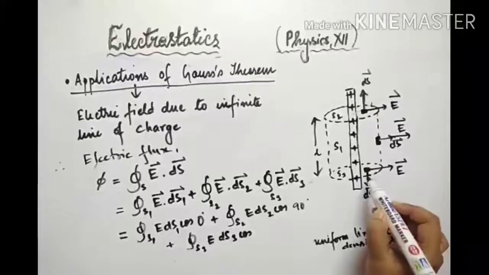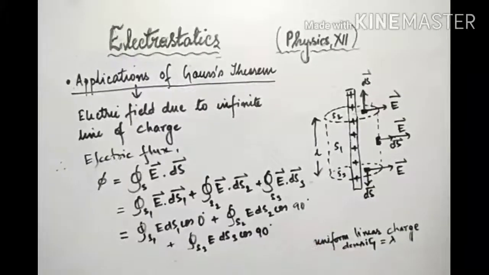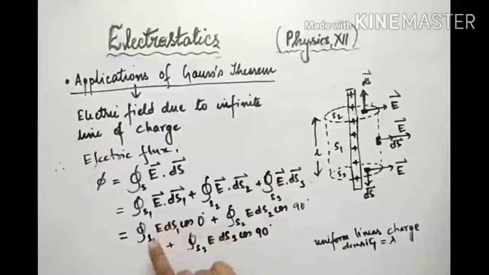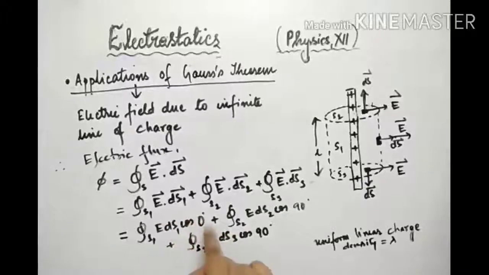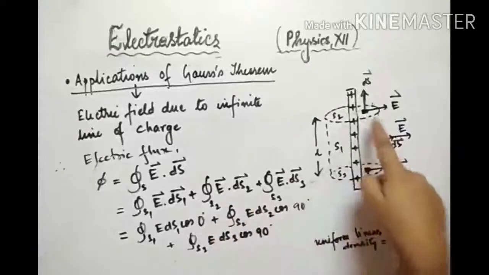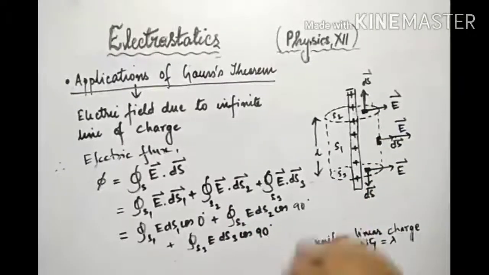For this surface also these two are at 90 degrees to each other. Since the formula is E dot dS, the dot product can be written as E dS cos theta. So theta is 0 degree for the first case, 90 degrees for the second case, and again 90 degrees for the third case.